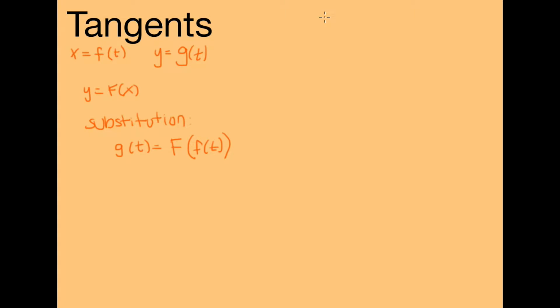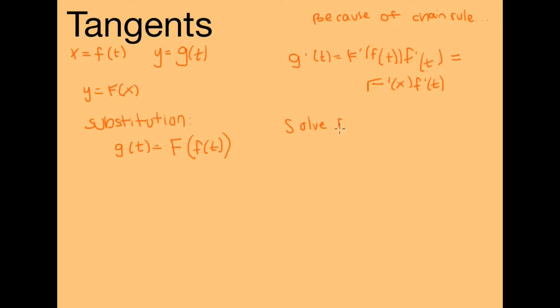And so, if g, uppercase F, and lowercase f are differentiable, the chain rule gives that g prime of t is equal to F prime of f of t times f prime of t, which is equal to F prime of x times f prime of t. If f prime of t is not equal to 0, we can solve for F prime of x. That means F prime of x is equal to g prime of t all over f prime of t.